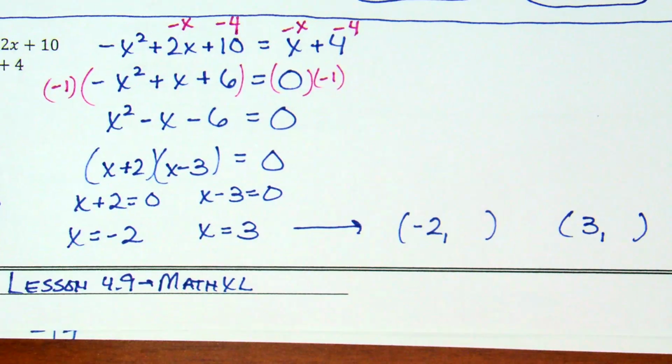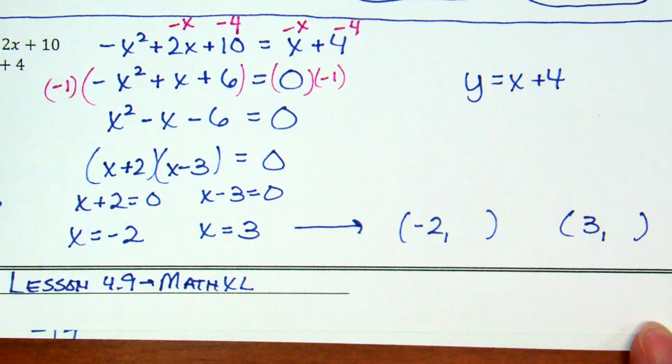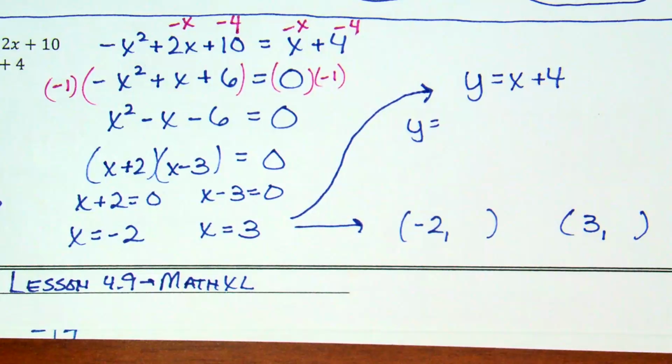Plug them back into one of the original equations. I don't know about you guys, but y equals x plus 4, okay with you guys? Okay. Didn't think you'd mind me picking that one. And I get it, some of you guys may not even be writing the work down at this point. It's pretty obvious.